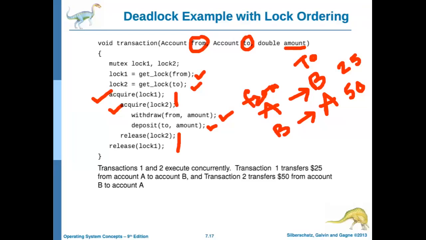Once for transaction A and once for transaction B. Where acquiring lock 1 is like locking account A and acquiring lock 2 is like locking account B. But this exactly gets reversed for second transaction, and if both transactions are running concurrently, then definitely this creates a problem.